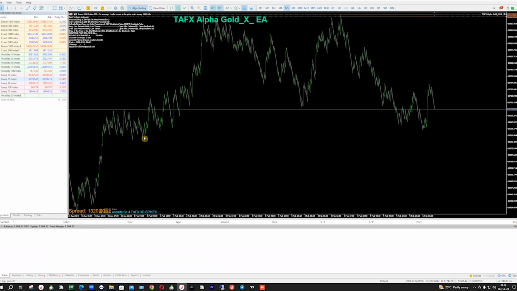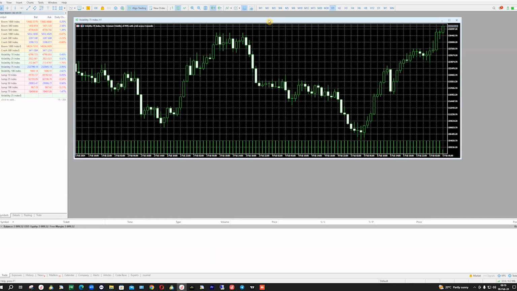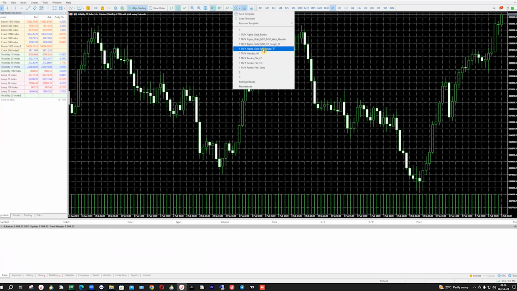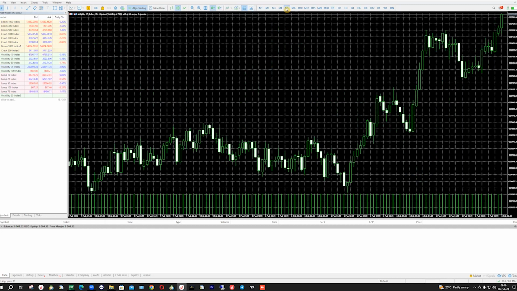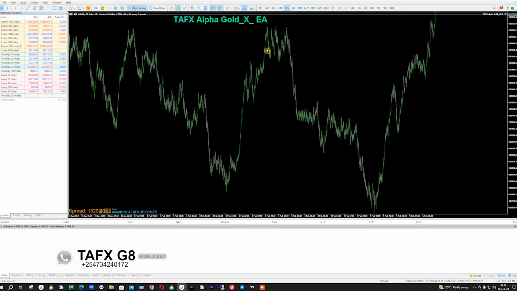If the zone is broken, you would like the EA to take profit or maybe take a small loss, then wait for a new signal, or maybe continue with the buy setup. So let us adjust this to minute 5 with break filter, the same thing we did in MT4 Alpha Gold.